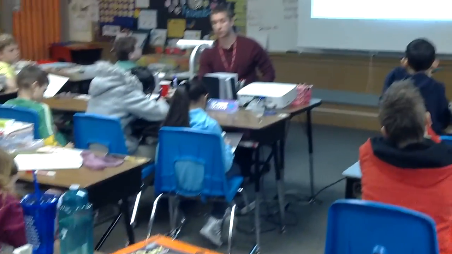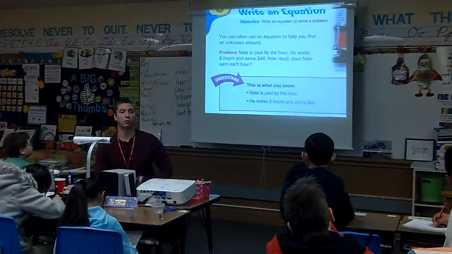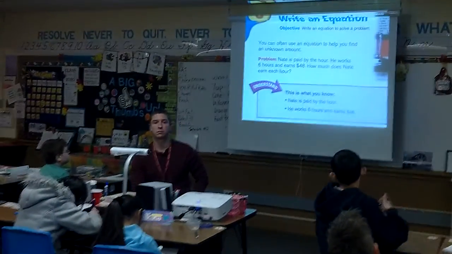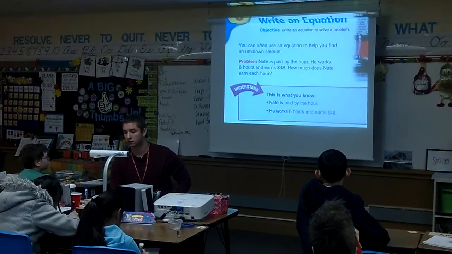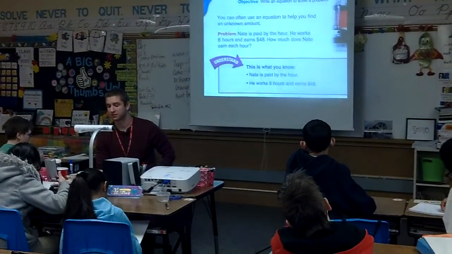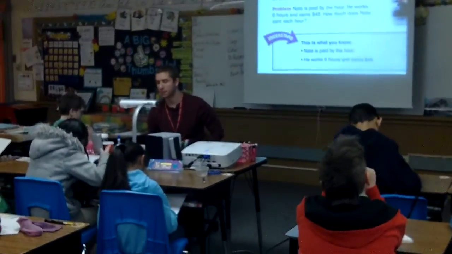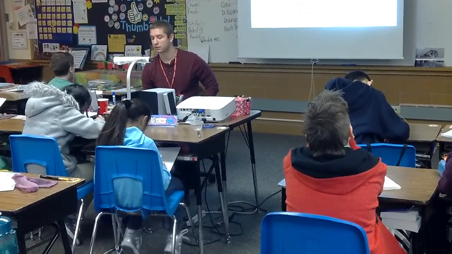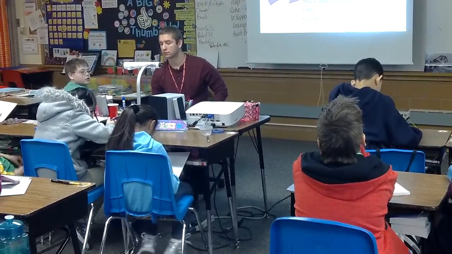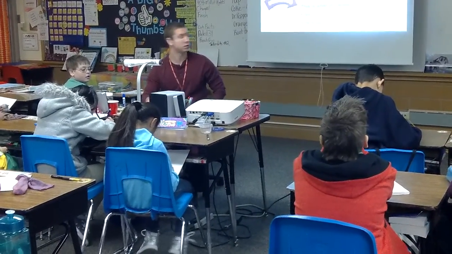Okay. So, what you guys have down, what do we know? Paid by the hour, and he works 6 hours, and after every day, he gets 48. Okay, so he earns $48.